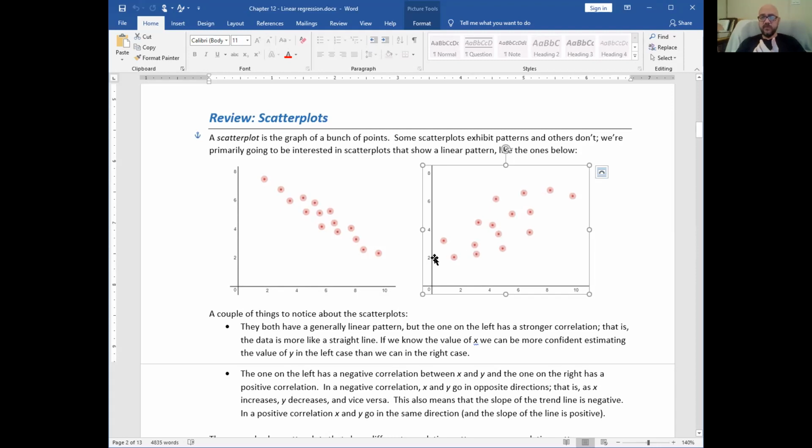For instance, if you visualize the line going here, this point has a bigger y value than that point, even though this one has a bigger x value. So there's a positive change along the trend line, but the actual change was negative. There's some variation there from point to point.